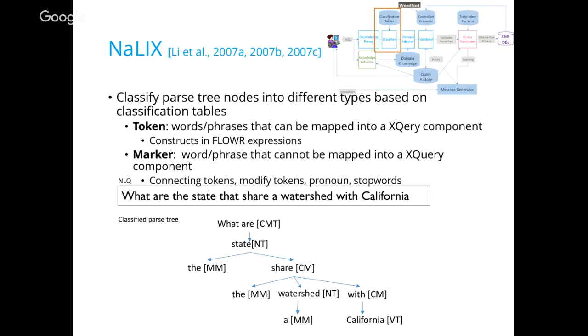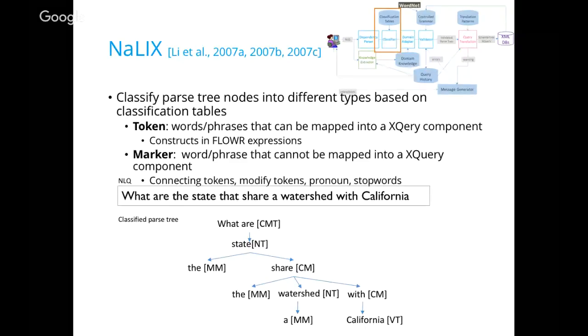So you try to see if any words can be mapped into constructs in FLWOR expression, including different functions and operators. Then it has a predefined list of markers, different types of markers that cannot be mapped into XML components, but may still be useful.